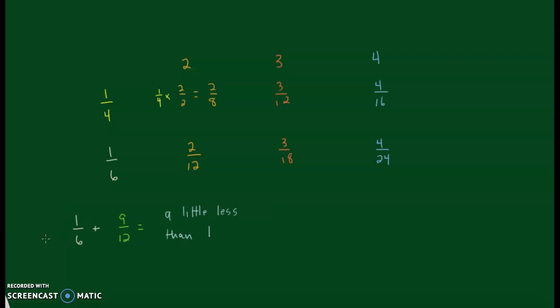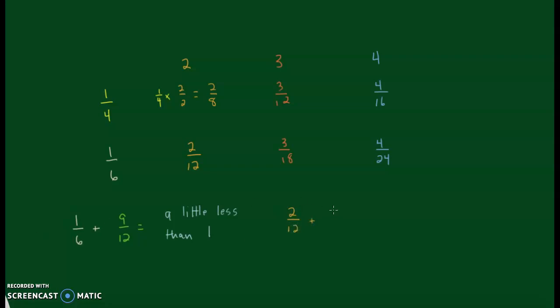Now I'm going to find an equivalent fraction. Okay, so I can find a common denominator. So I'm going to find an equivalent fraction to 1/6 that has a denominator of 12. And so up here, I can see that 2/12 is equivalent to 1/6. So I'm going to change from 1/6 and use the equivalent fraction of 2/12.